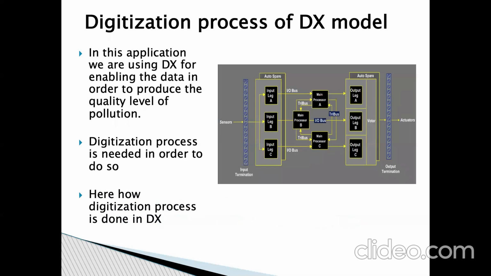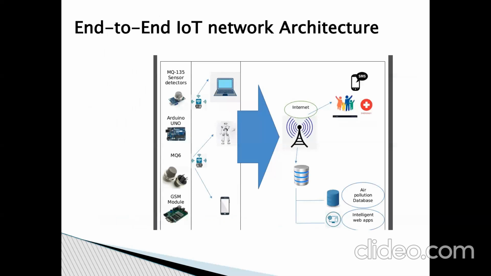Here is the digitization process of our digital transformation model. As you can see, the figure of our digitization process for this model. Next slide. Here is the end-to-end IoT network architecture.